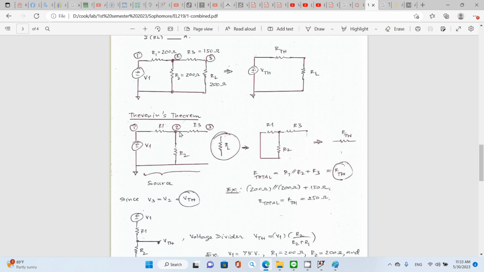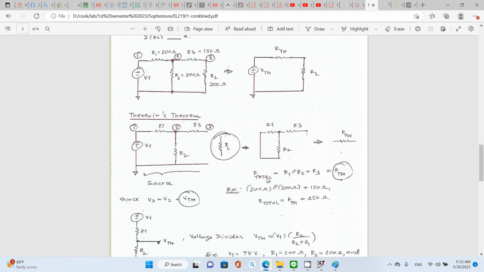So when you remove your load resistor, you end up with your circuit like this with no supply voltage. And you can calculate the total input resistance. That becomes RTH. From the resistor network here, R1 in parallel with R2, and then in series with R3.